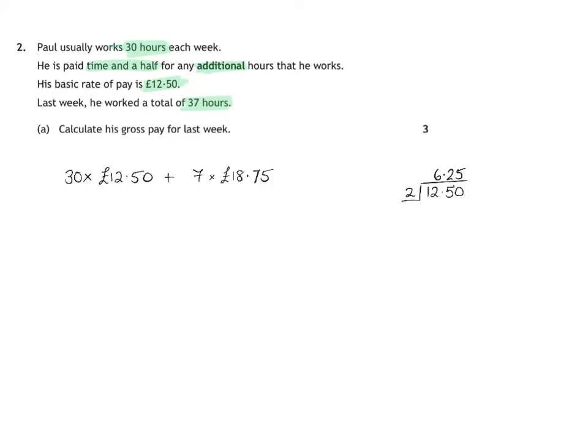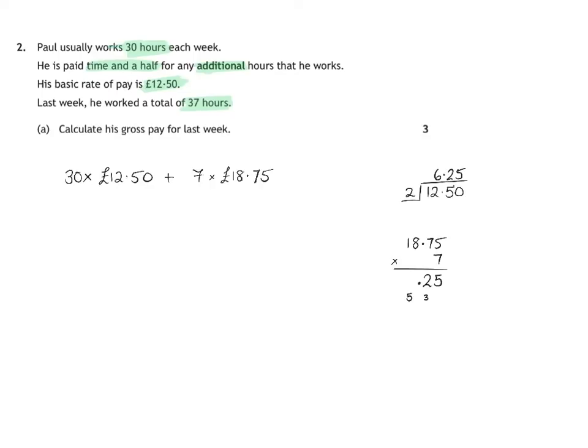Right, so this is all non-calculator. So our 1875 times by 7 shouldn't be too bad. So 5 times 7 is 35. 7 times 7 is 49, add the 3, gives me 52. 8 times 7, so 7 times 8 if you want to think about it that way, 56.